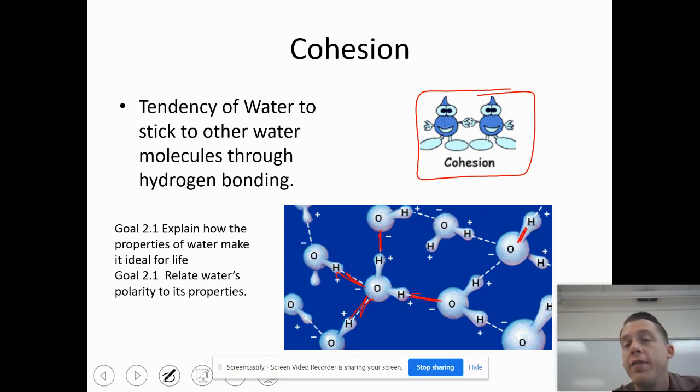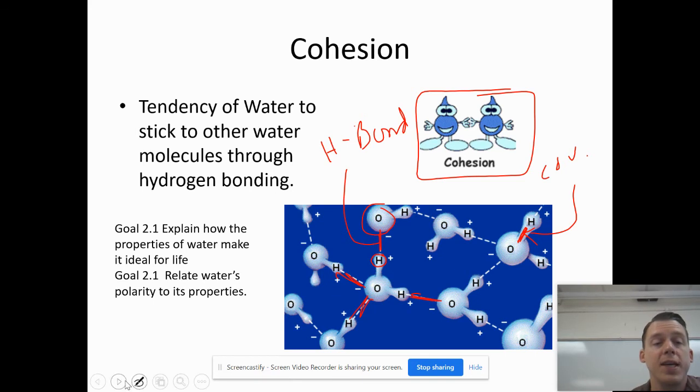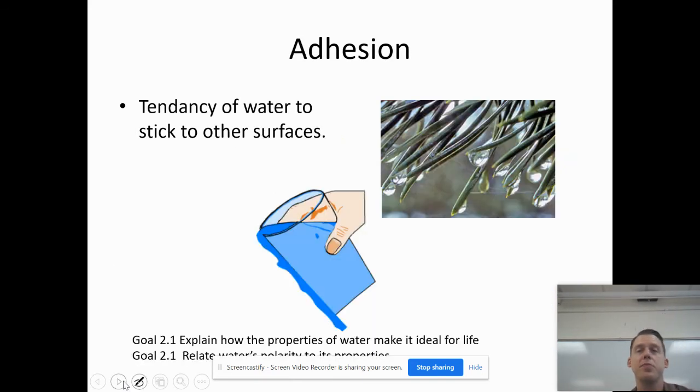That is a covalent bond. That's very strong, like cement holding the water together. Between water molecules, that is an H bond. That is not quite as strong. It's like a Post-it note. It can be broken. So again, the hydrogen bond is between the hydrogen of one water and the oxygen of another water, keeping water together.